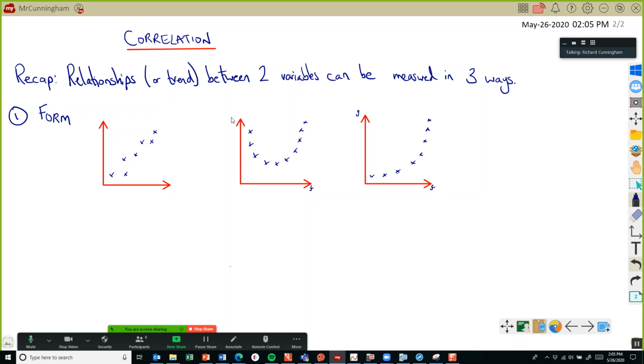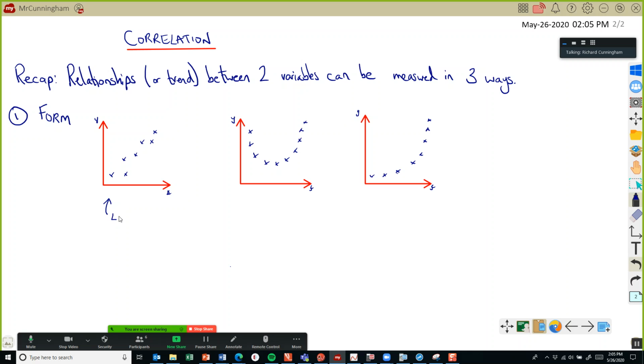So this one was form. Who can remember what we call this one? It's to do with where these points are all laid out, and with what we've been working on with our straight lines. There's Enrique.